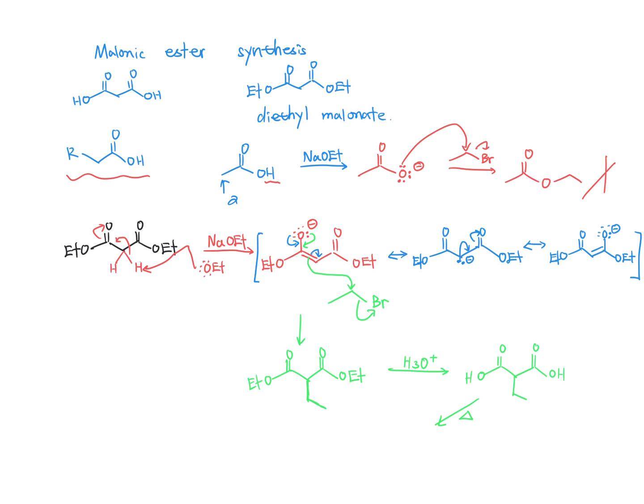By using heat, we redraw this molecule so that the hydrogen of one of these OH groups is closer to the oxygen of the other carboxylic acid, and this hydrogen will be deprotonated, for example. Then the bond between oxygen and hydrogen goes to form this carbon-oxygen double bond, which is a CO2, and at the same time, this bond will break. So again, what we have here is decarboxylation.